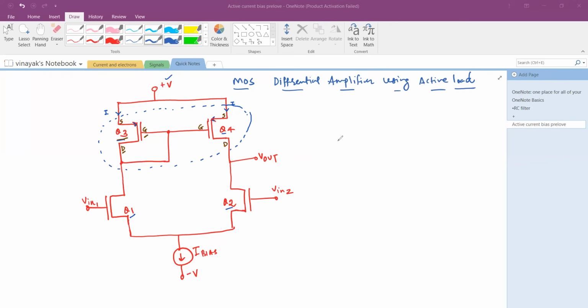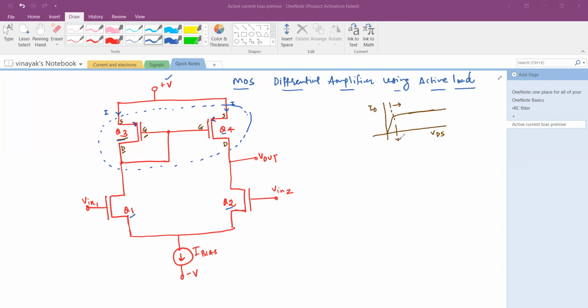Now, what we get after doing this: if we short the gate and drain together, it makes sure that the transistor always operates in the saturation region, which is the region to the right of this line, where you have a constant current source. This is ID versus VDS.